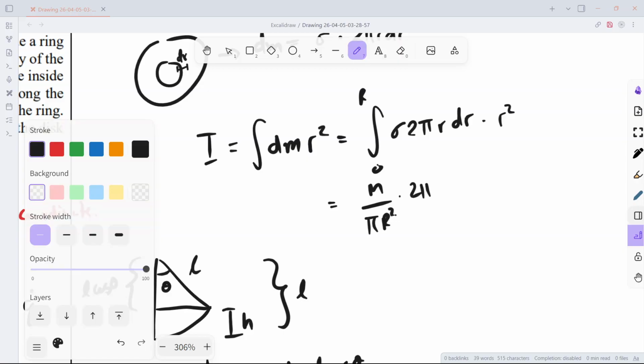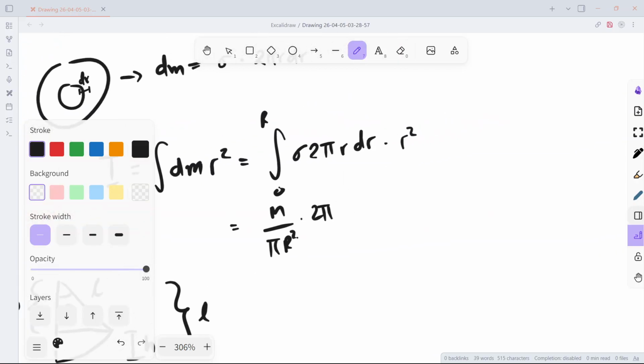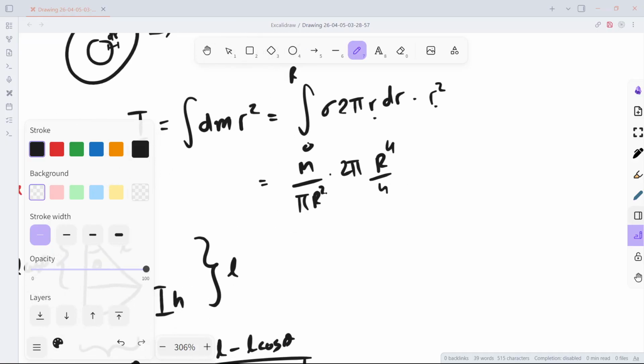Times 2 pi is a constant, and the integral of r squared, r cubed sorry, from 0 to R is r to the 4 divided by 4, and that happens to be m r squared divided by 2.